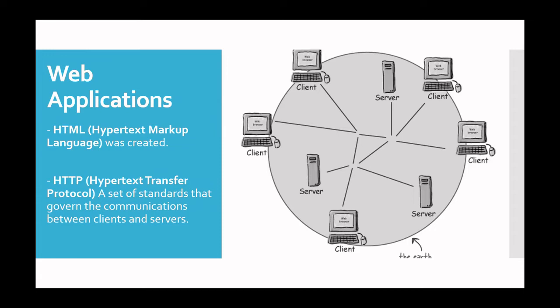And then there's another type of standard to communicate between the server and the client. And that's what we call the HTTP standard, or Hypertext Transfer Protocol. So hypertext is just text highlighted with formatting information. The Hypertext Transfer Protocol is just a set of rules that the client and server need to follow in order to be able to communicate with each other.